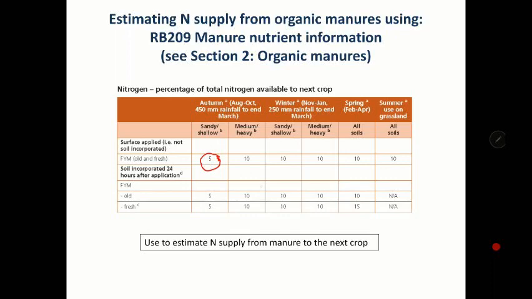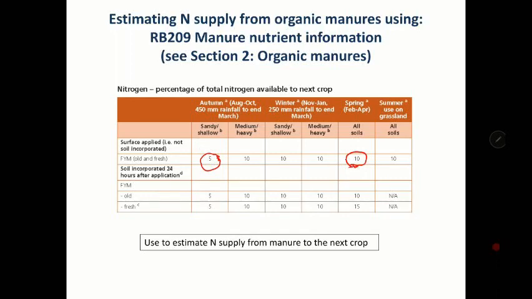If you wait and apply in the spring, then regardless of the soil type, about 10% is available. So why do you think that is? Can you think of any reasons why? It's probably to do with rainfall and leaching. If you put it on in the autumn on a sandy, shallow soil, a lot of the mineral nitrogen in it is going to get leached away before the following spring when you're planting your crop.